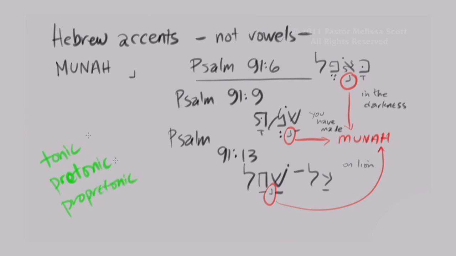Tonic, or tone, being the stress place, and each one moving away, because Hebrew reads opposite of English.